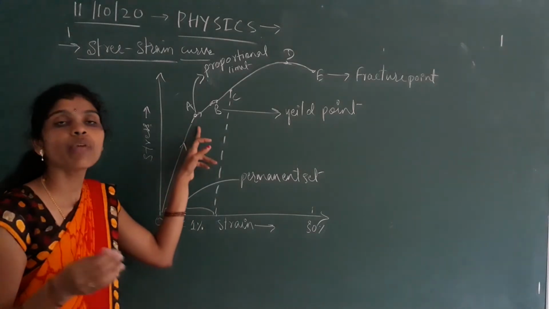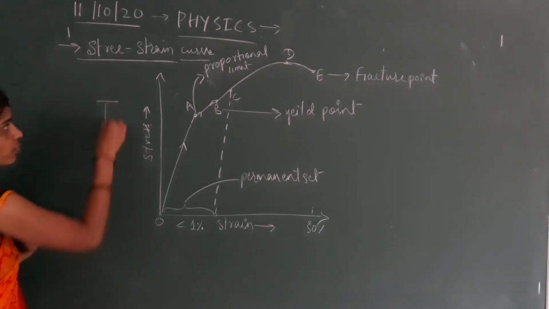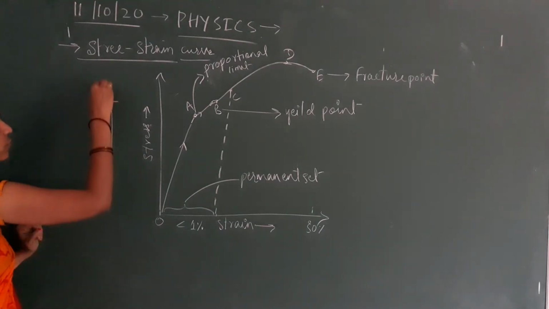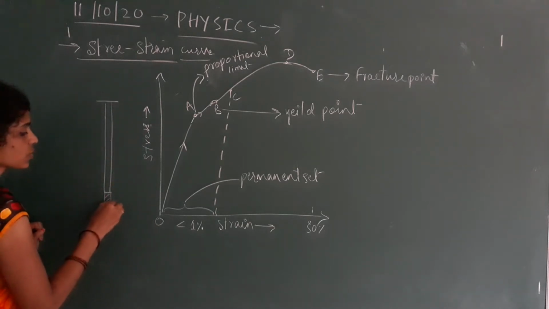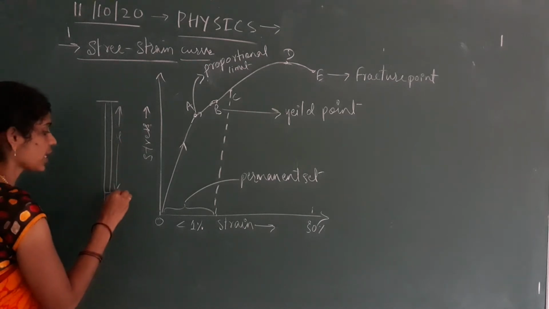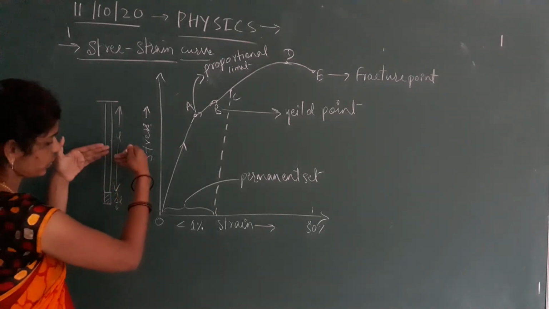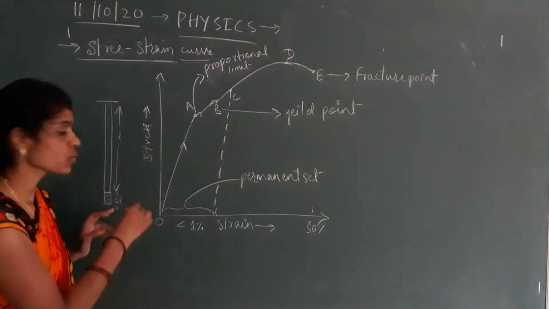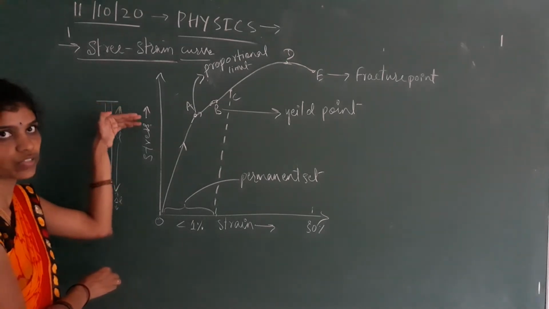When we apply force on an object, let us consider a rod, it is going to elongate. Initially it has a certain length L, and the change in length is represented by delta L. When we apply stress, the change in length takes place. When we remove the deforming force, it regains its original configuration.